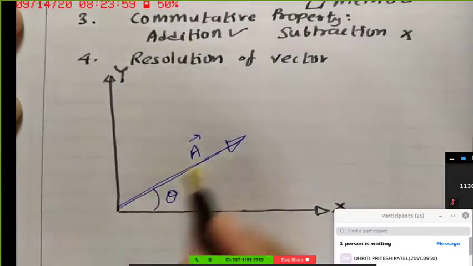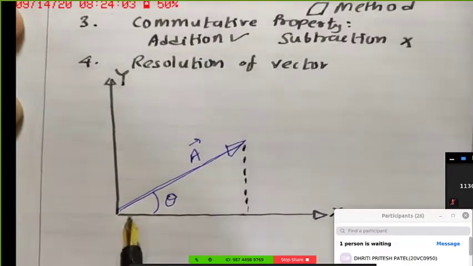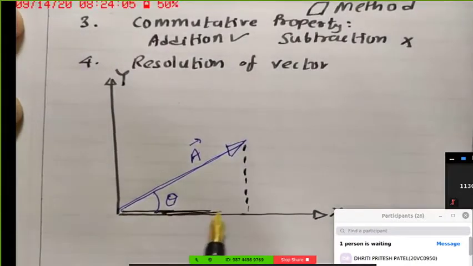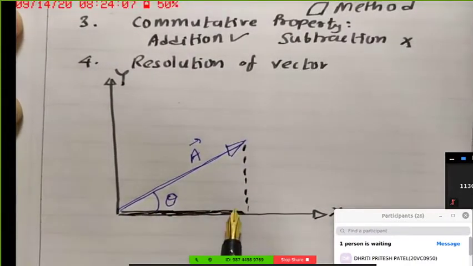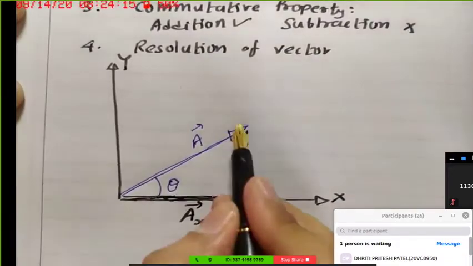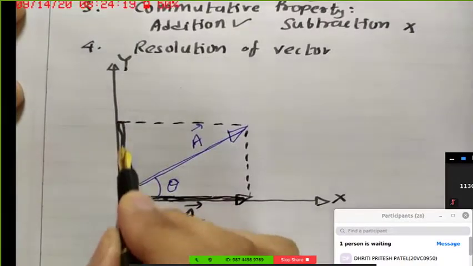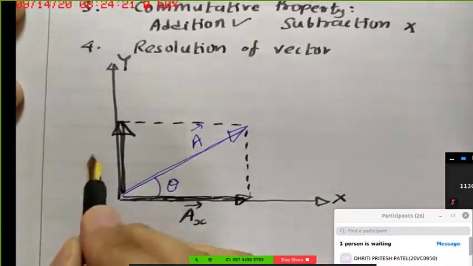If I drop a perpendicular here, I'll be getting the x component of the vector. I'll label it Ax. And if I drop a perpendicular here, I'll get Ay.